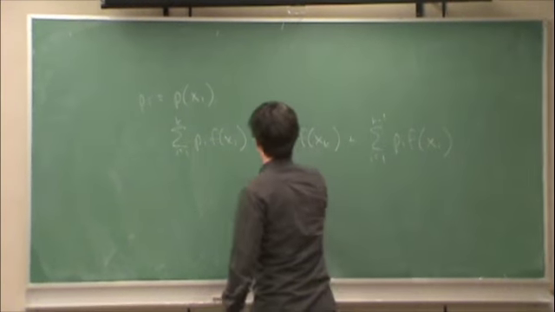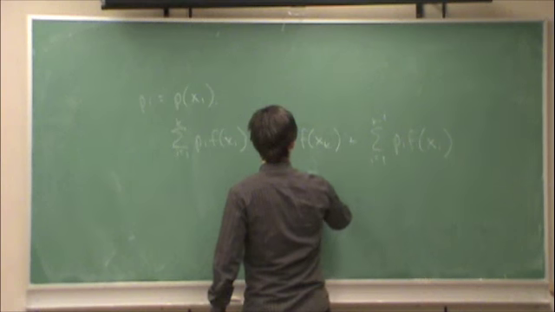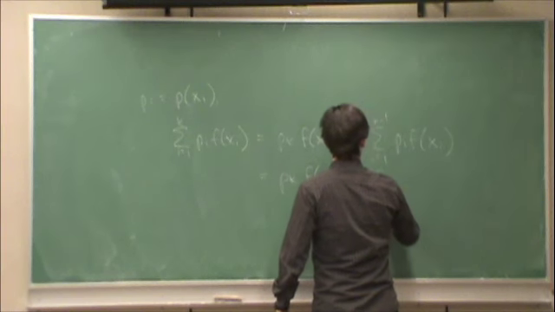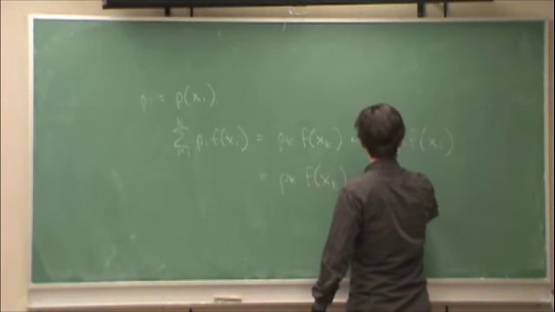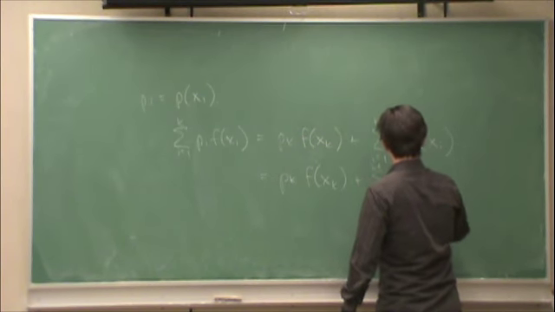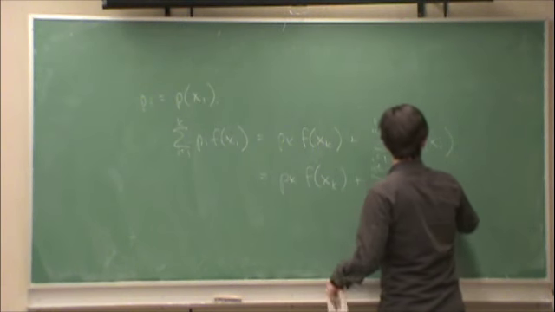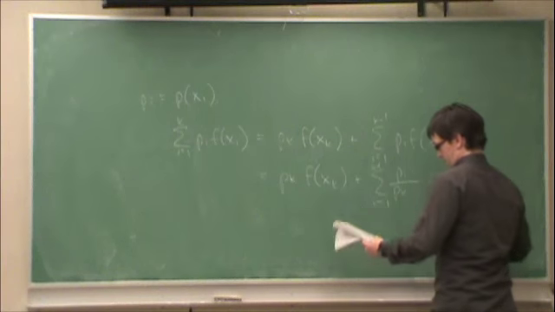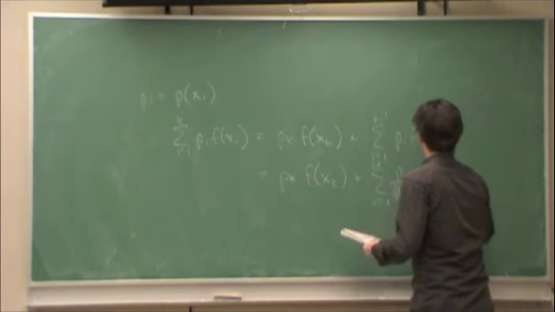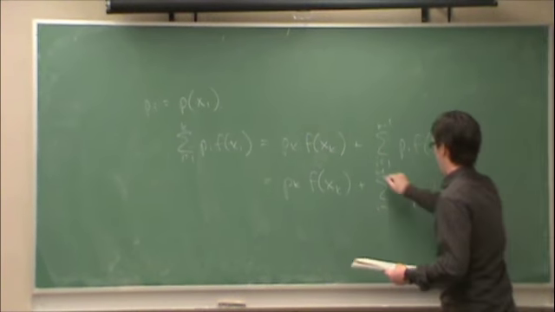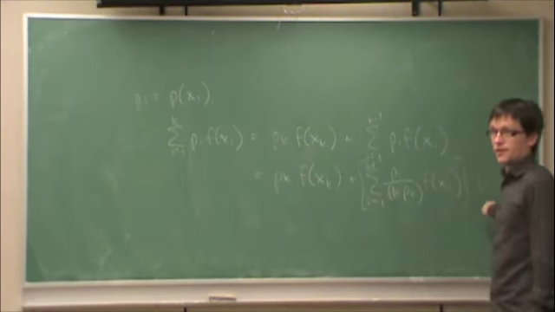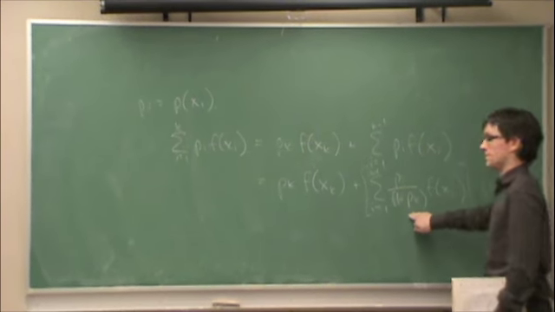Now I can write pk f(xk) plus the sum from i equals 1 to k minus 1 of pi over 1 minus pk f(xi) times 1 minus pk. So what I've done here is I've just multiplied on the top and the bottom by 1 minus pk.